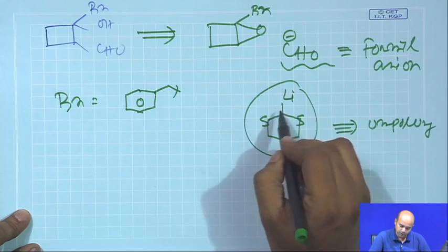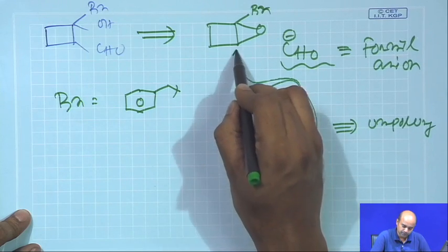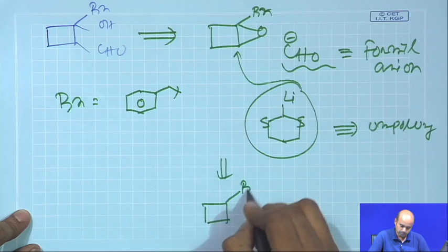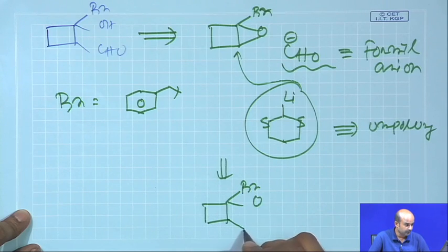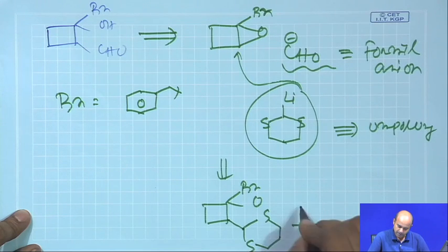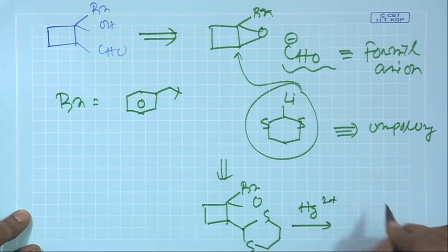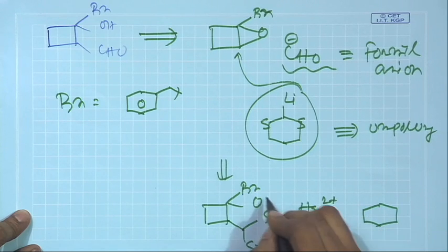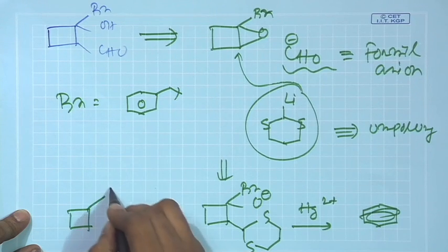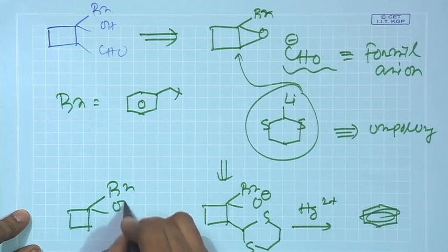And if you have an umpolung species which can attack this epoxide, that will basically give you the desired product after you remove this 1,3-dithiane group by a mercury-mediated hydrolysis. That will give you the final product. So, sorry, this is the cyclobutane-based product, and finally the product you get is BnOH CHO.